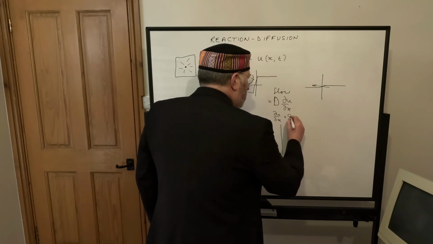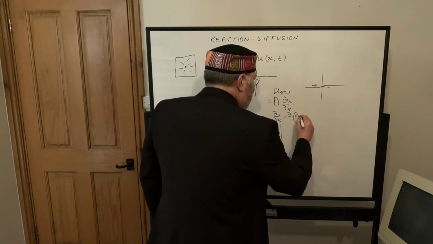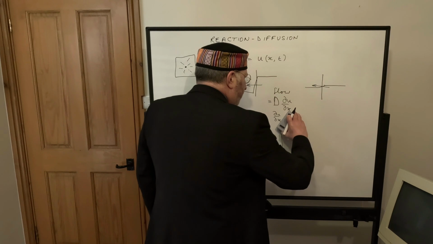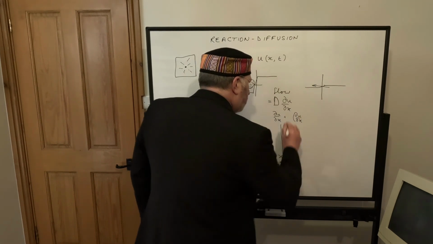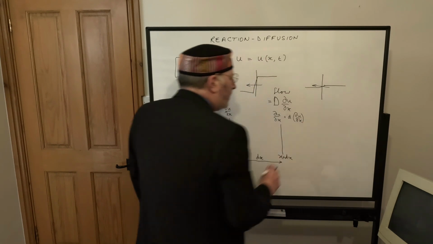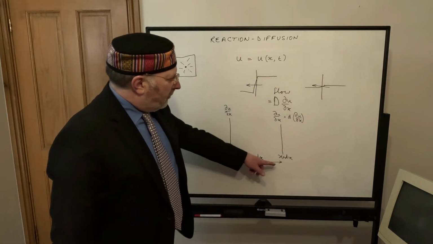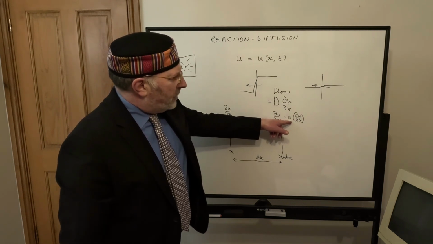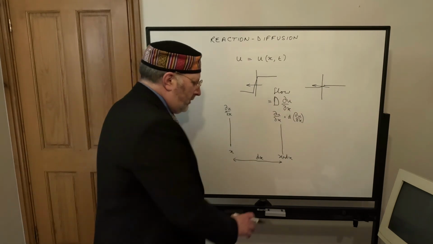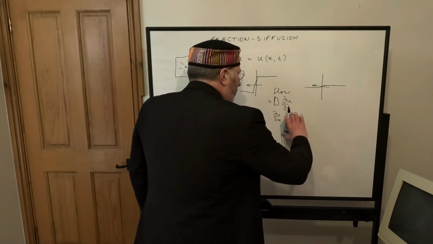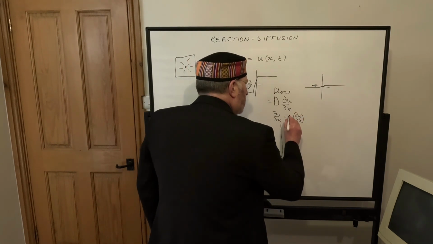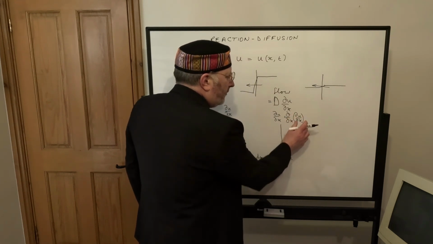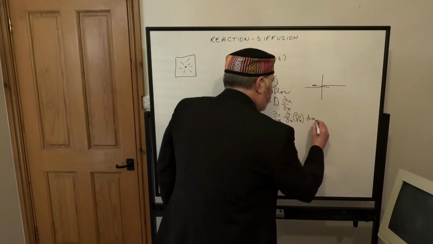And here we've got a concentration gradient of du by dx plus the change in du by dx. So going from x to x plus dx, the gradient will go from du by dx plus the change in du by dx. And we can write that as the rate of change of the concentration gradient, d by dx of du by dx, times dx.